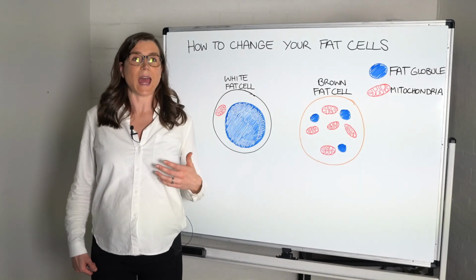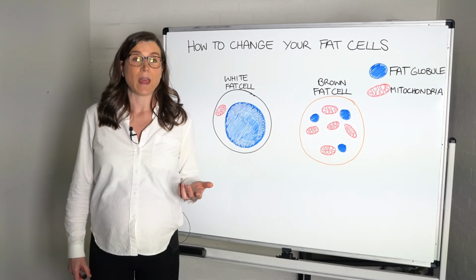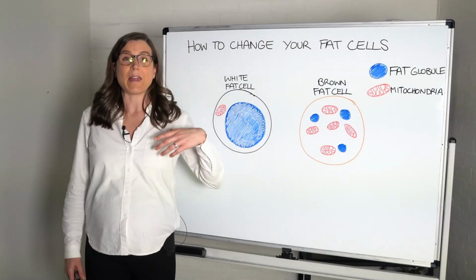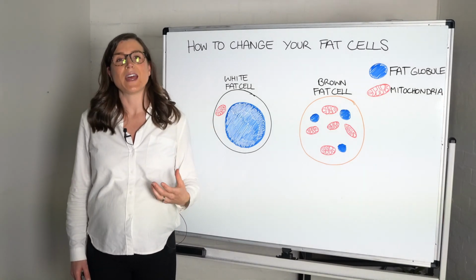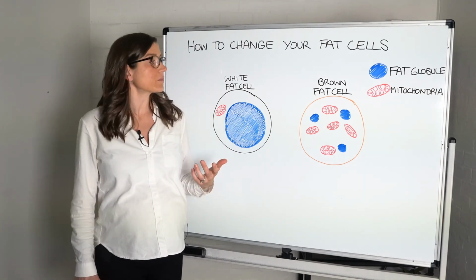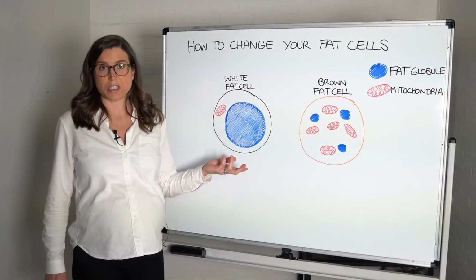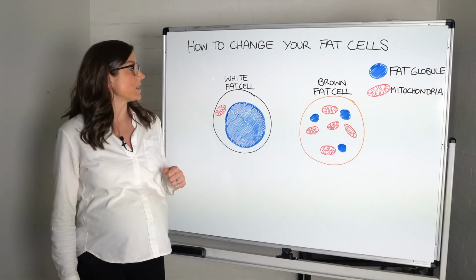This is really important for insulin sensitivity, because if your cells have lots of mitochondria, then your cells are going to take up the glucose, they're going to be able to utilize the glucose, and we're not going to run into too many problems. So white fat cells are really just like a storage cell and they don't burn much glucose or much fat.